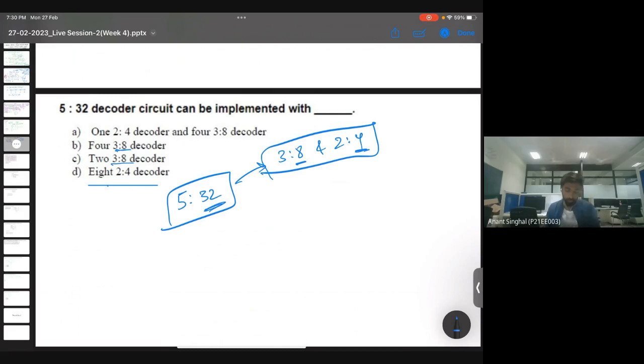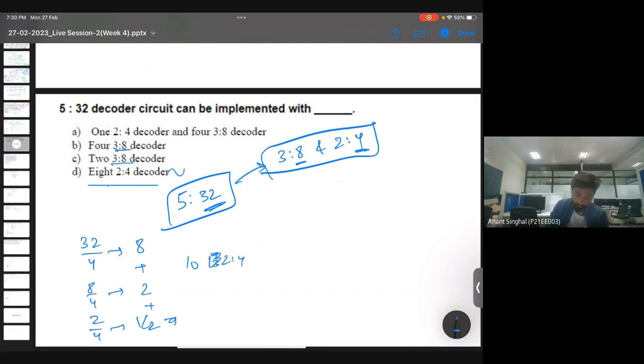So we need to check for both the options. So let's suppose we are using 2 cross 4 decoders, then it will be 8, then 8 by 4 is 2, then 2 by 4 is half.